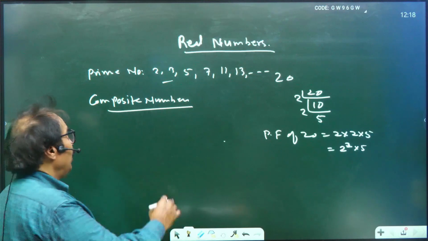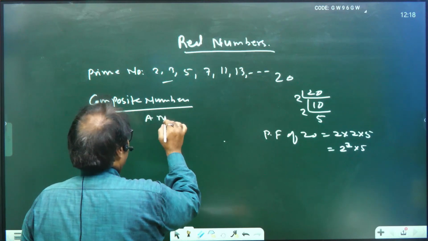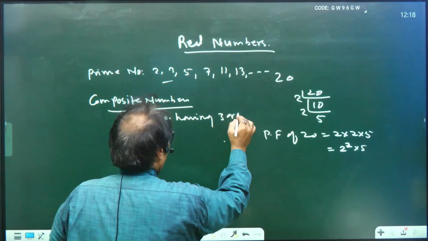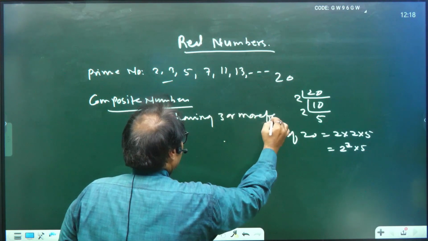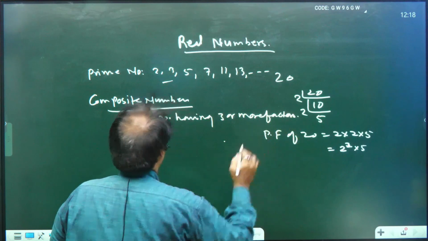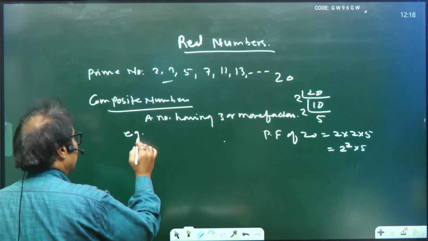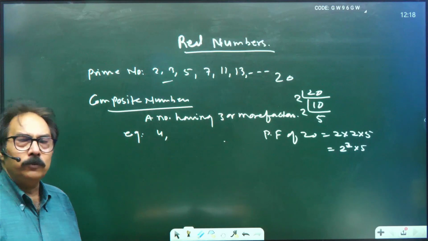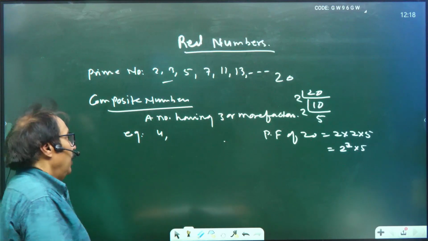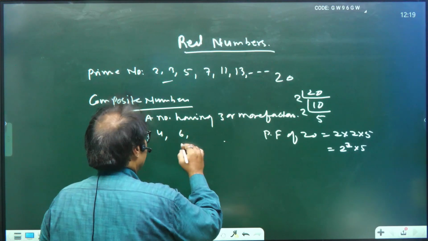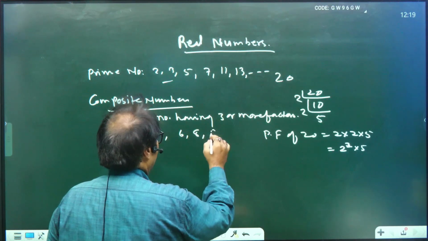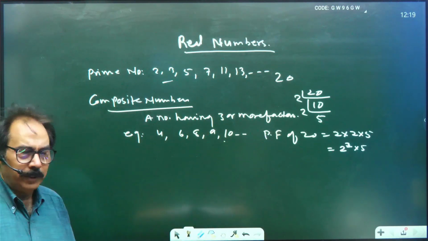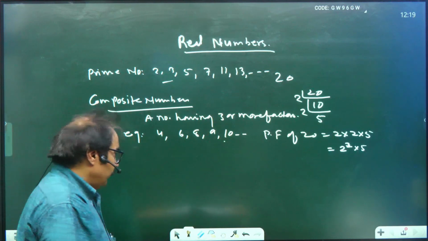For example, 4, because the factors of 4 are 1, 2 and 4, right? And then 6, 8, 9, 10 and so on. These are the composite numbers, right?